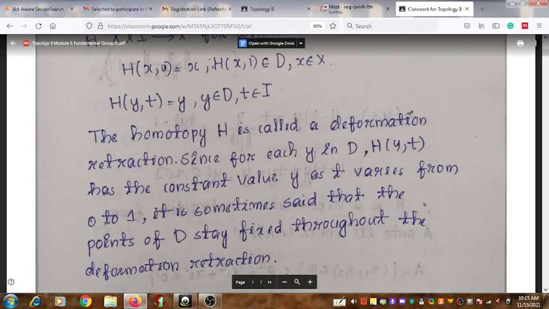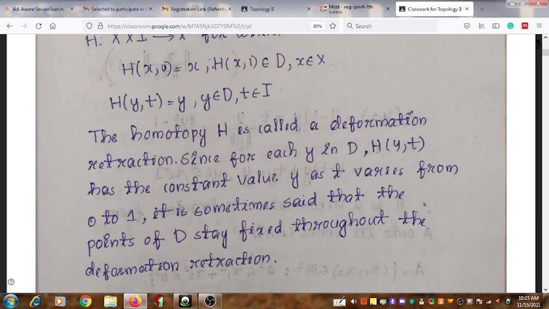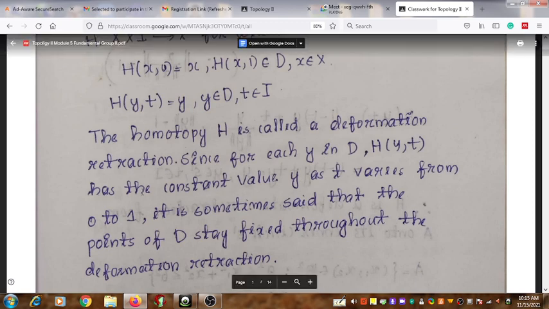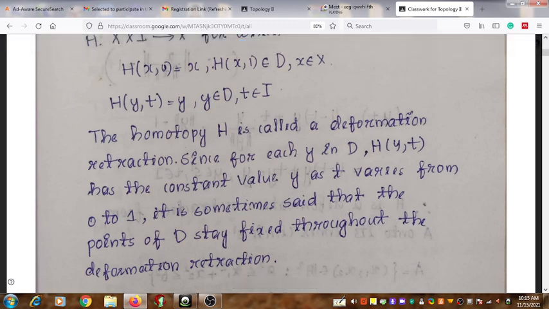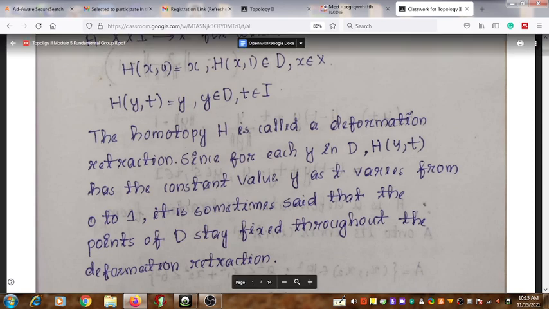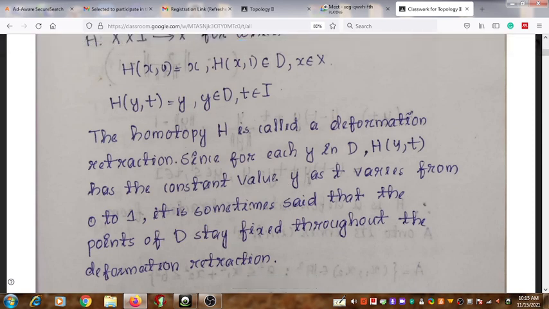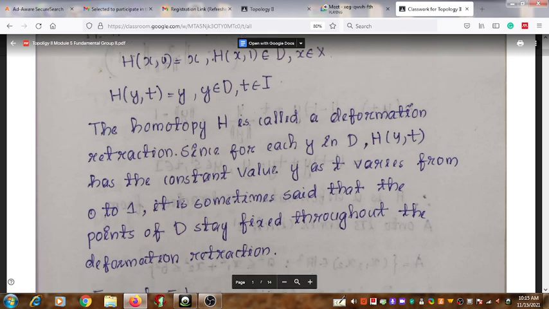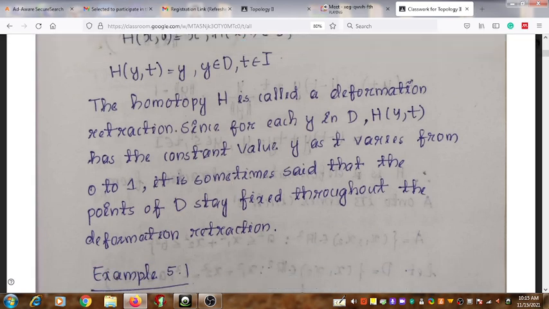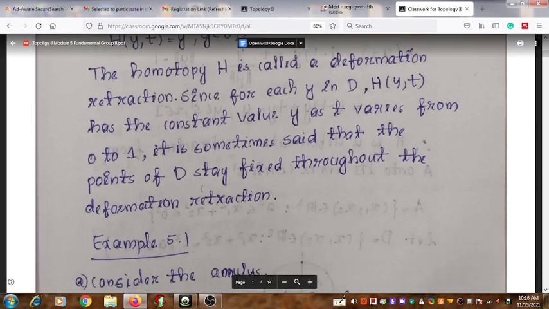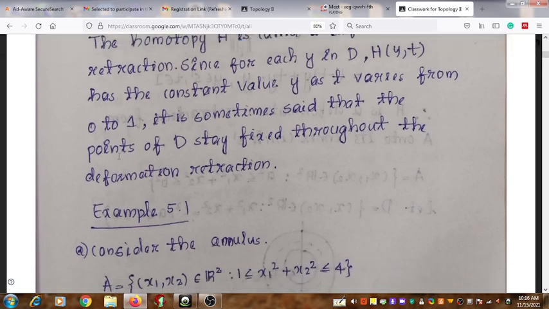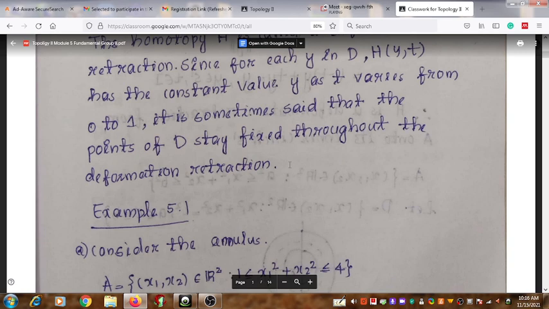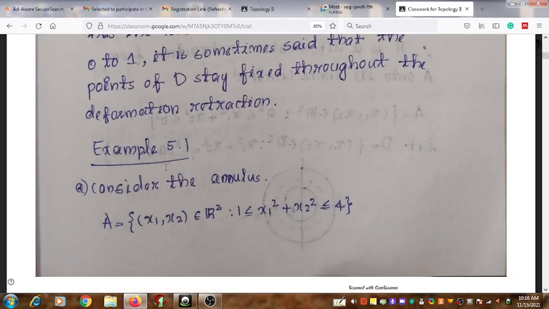Since for each point y in D, h(y,t) has the constant value y as t varies from 0 to 1, it is sometimes said that the points of D stay fixed throughout the deformation retraction.